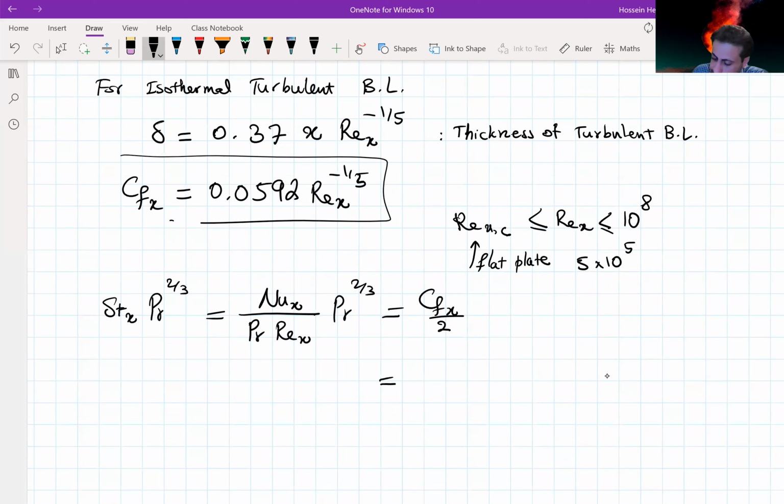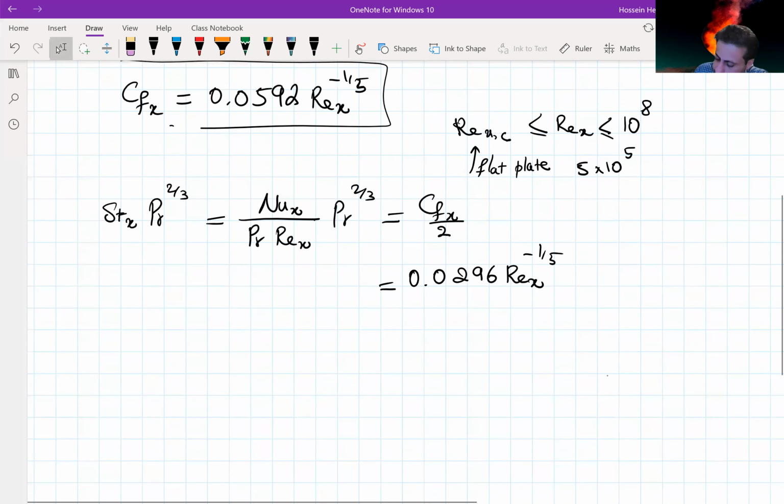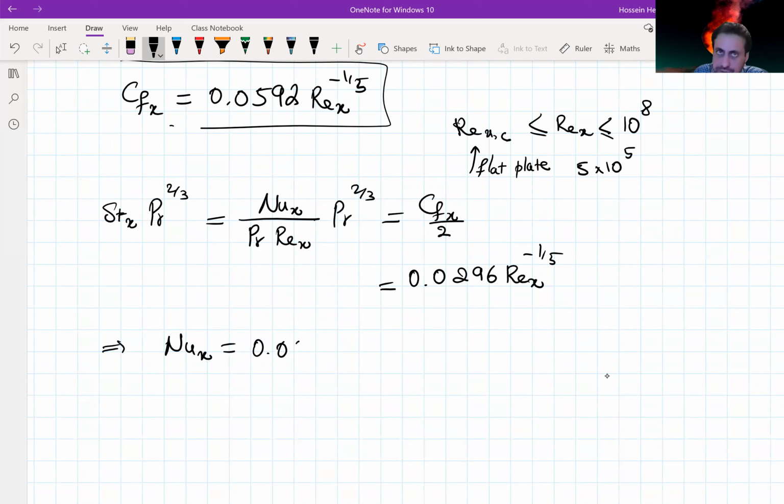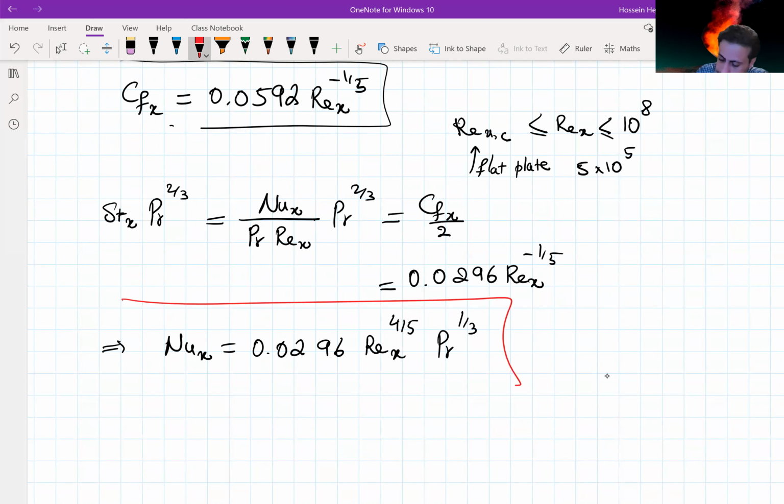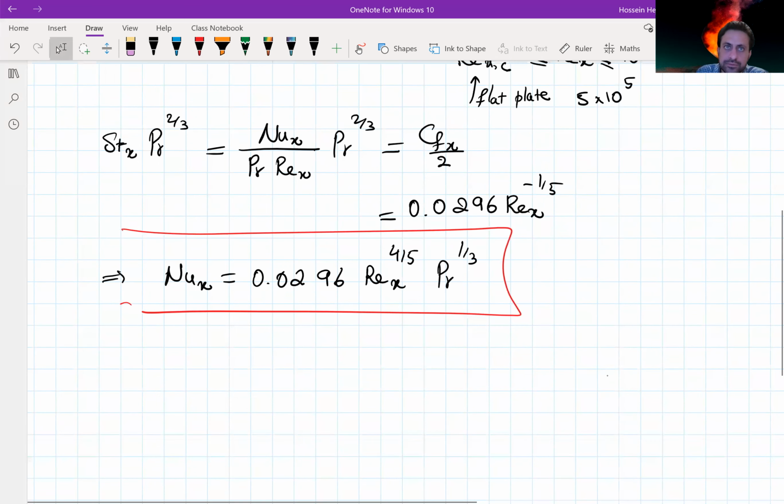And Cfx divided by 2, if I replace it here, is going to be 0.0296 local Reynolds number to the power of -1/5. So if I do the rearrangement here, the local Nusselt number for a turbulent boundary layer on an isothermal plate is going to be 0.0296 Reynolds number to the power of 4/5, Prandtl number to the power of 1/3. So that's the local one.